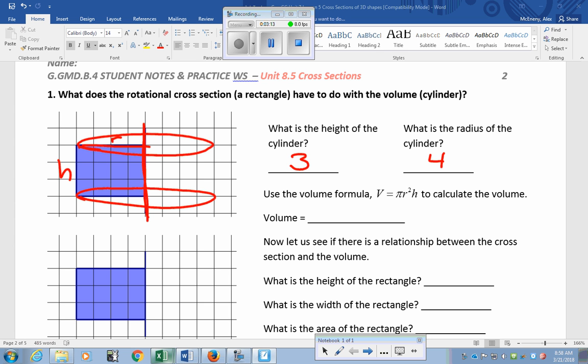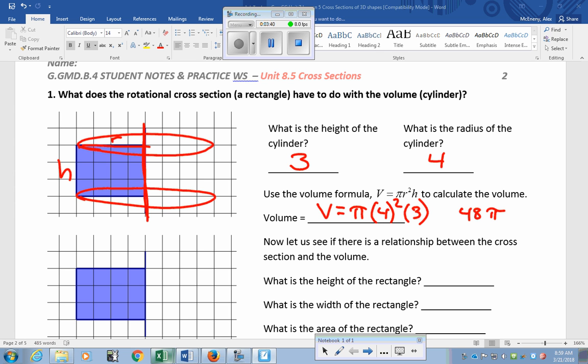So if we use the volume formula to calculate this, for volume it'd be pi radius squared, which is 4 squared, times 3, which in this case would be 48 pi.